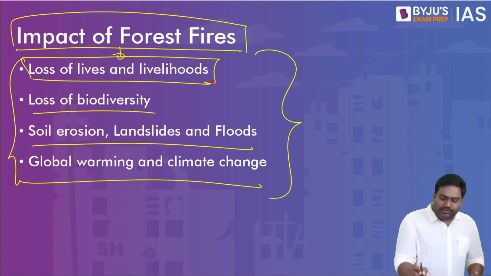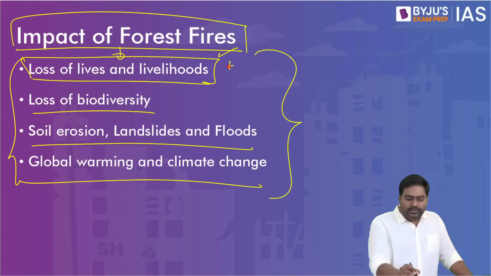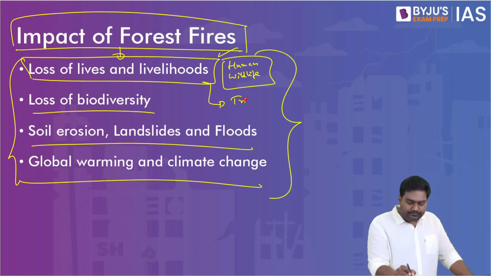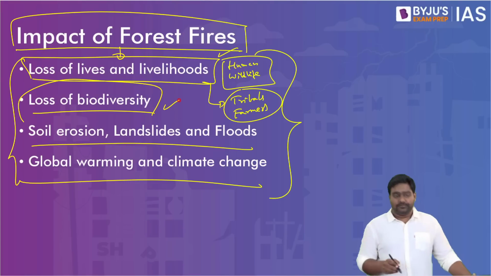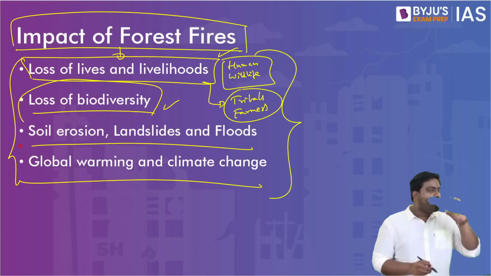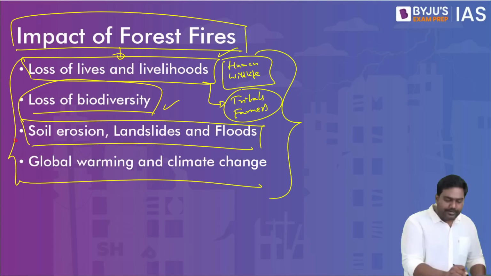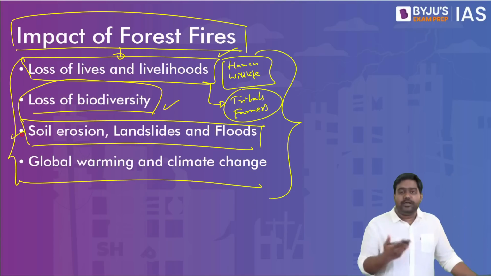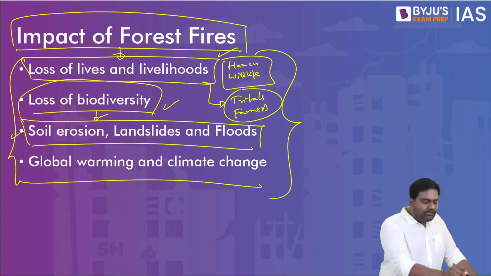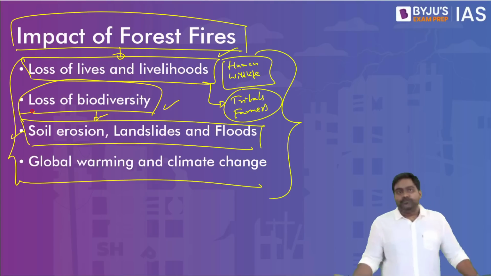So forest fires can cause tremendous damage. There will be loss of lives, not just humans, even wildlife. Several animals, birds, and species would get killed. Livelihood of tribals and farmers will be disrupted. Biodiversity will suffer. And as the forest land is cleared due to the fire, the soil will become vulnerable to erosion.